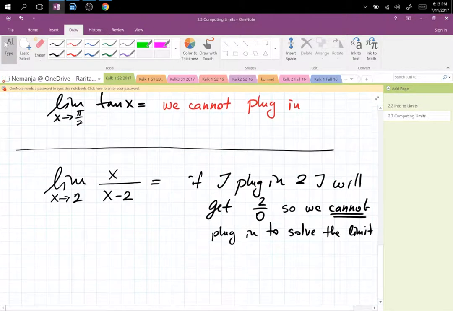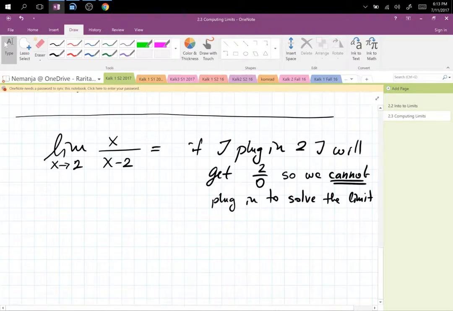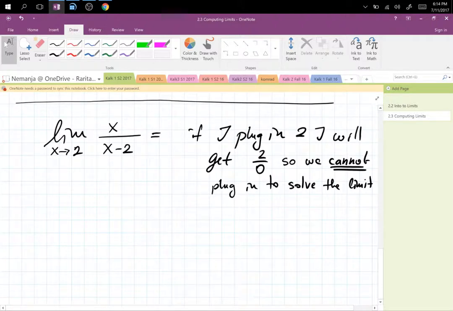So what do I do instead? Well, I can look at the graph, or I can use the chart. Most likely I would use the chart because this is extremely easy to compute. It's not a big deal. So we can use the chart on this problem to figure out what the limit is doing at 2.